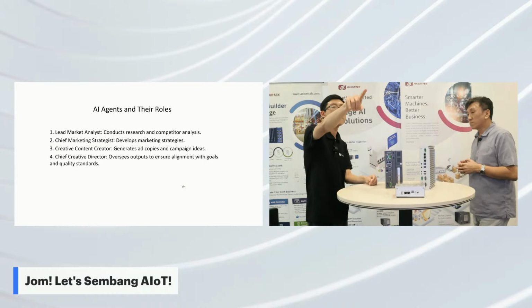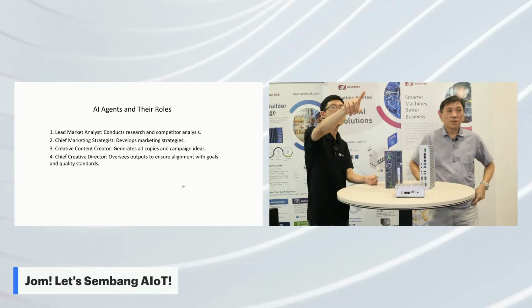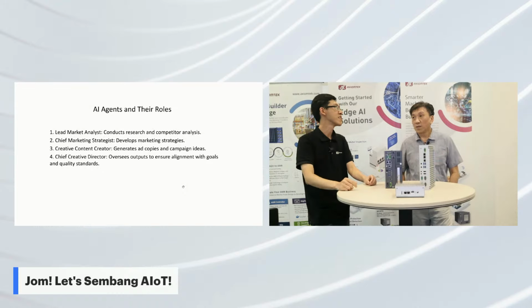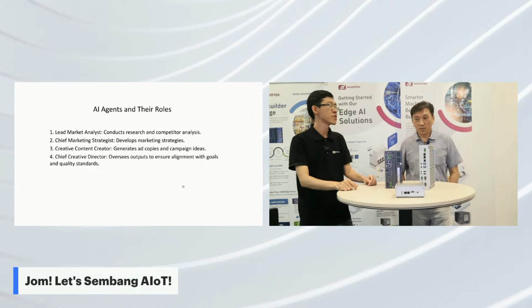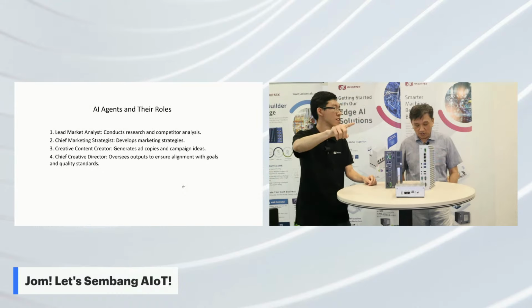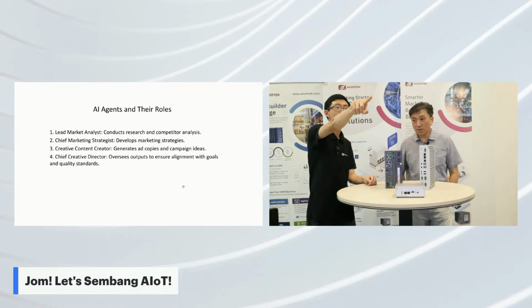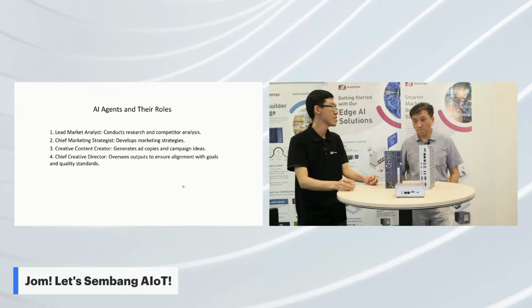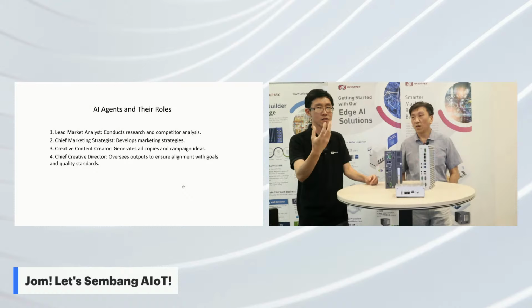If, let's say, the first one is not going well, agent number 4 will give feedback to agent number 1. So actually there's a feedback loop here, until the chief creative director certifies the other 3 agents' performance. Then they only submit the final outcome to the human user.